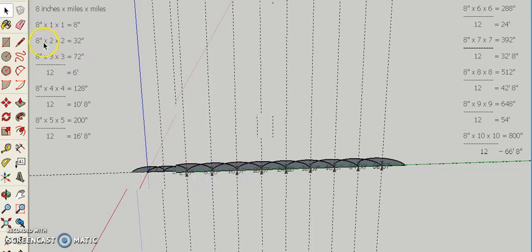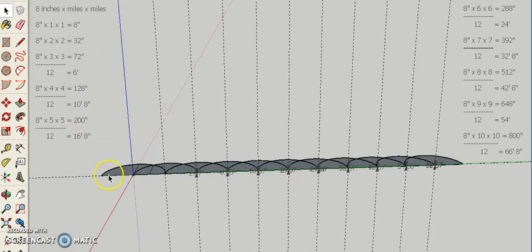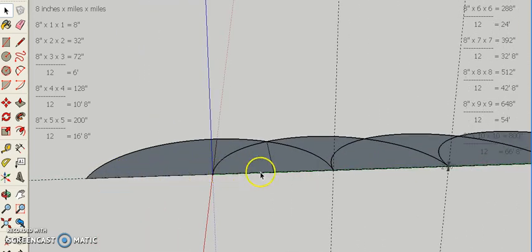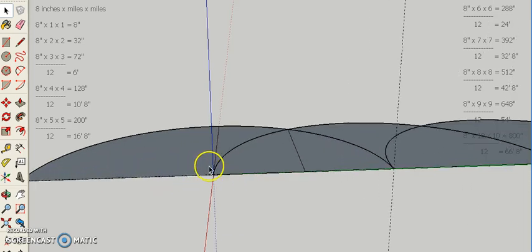So at 2 miles, 2 times 8 is 16, times 2 is 32 inches, and so on. What we've done is created a 2-mile diameter, 1-mile radius circle, and we are showing half of that.